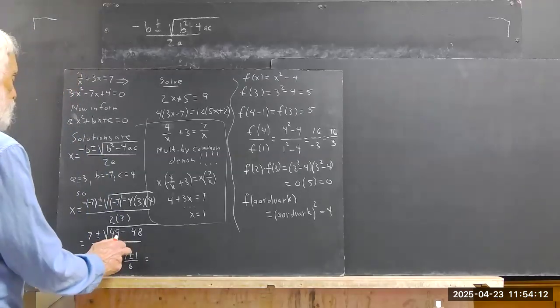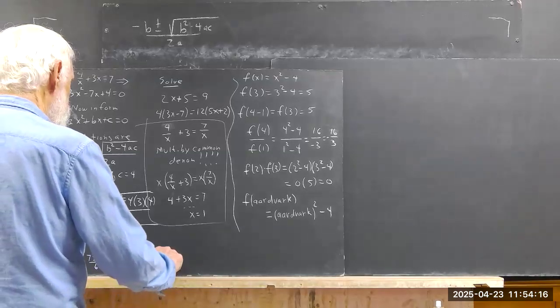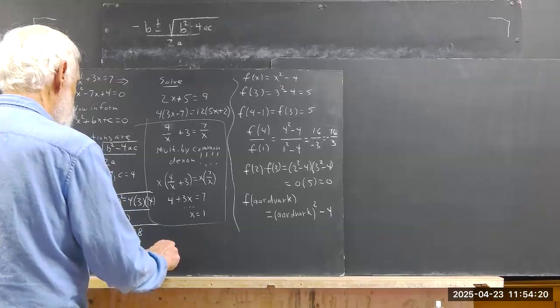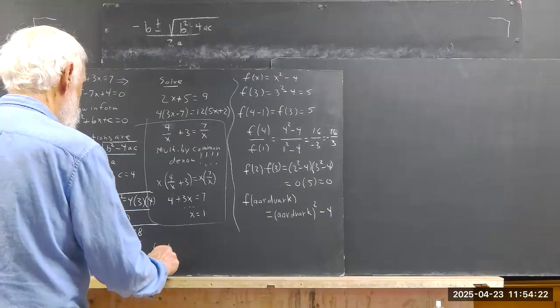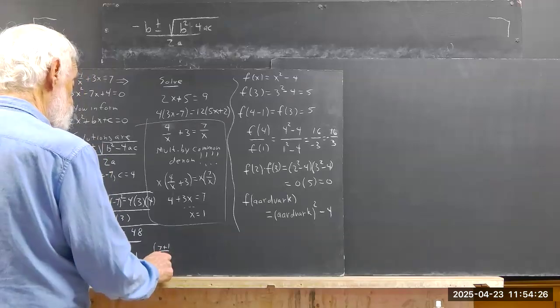Okay, so I say 7 plus or minus 1 over 6 equals what? Seven plus 1 over 6.